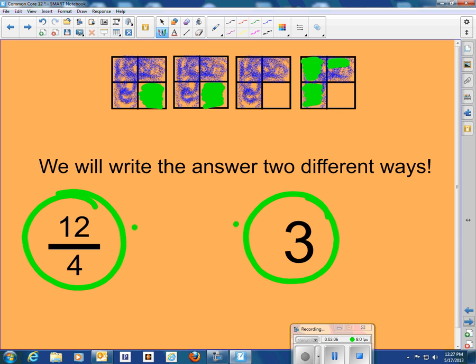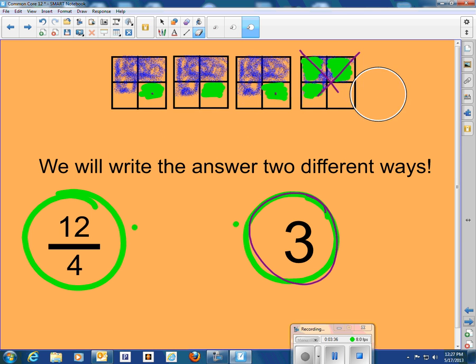I'm going to take the last 1/4, and I'm going to add it to this group. We have used all of our 3/4 from the 4th group. So that group is completely done. When we shaded in the last 1/4 in our first 3 groups, it created a whole. 1, 2, 3 wholes. And there's how we get our 3 wholes.